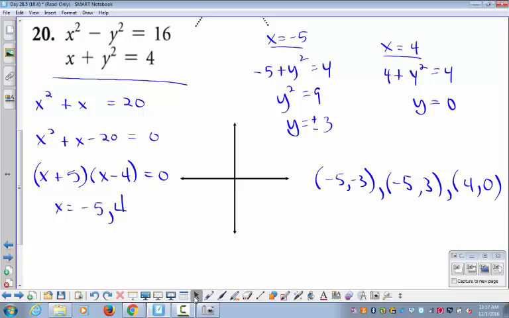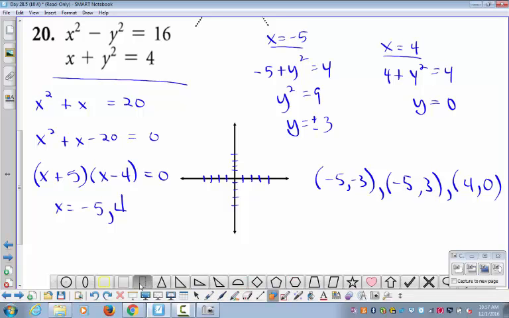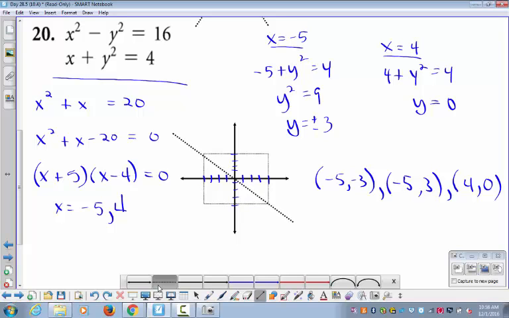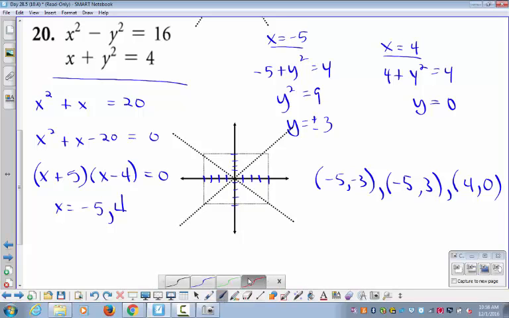So how far from the center will we be going? 4. And we're going to be going 4 up and 4 down as well. So we have a fundamental rectangle that is actually a square. Connect the diagonals. And we said that it's going to open horizontally, so it's opening something like this.